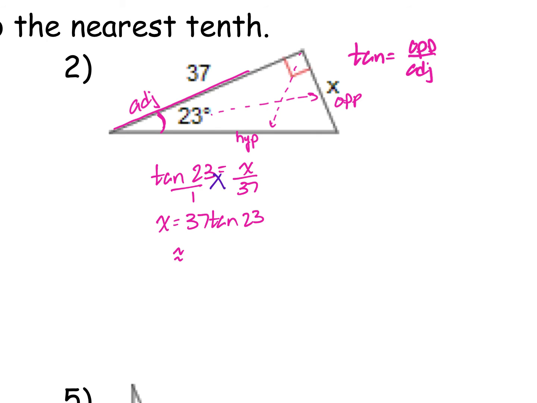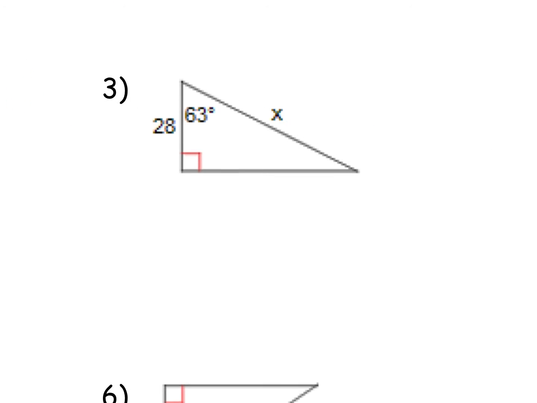Sorry, guys, I didn't get this one done. That's as far as I got. So 37 tangent of 23. Make sure I'm in degrees. Yes, I am. So 15.7. Questions? Does it make sense how I choose which one to use? It makes sense, yeah.